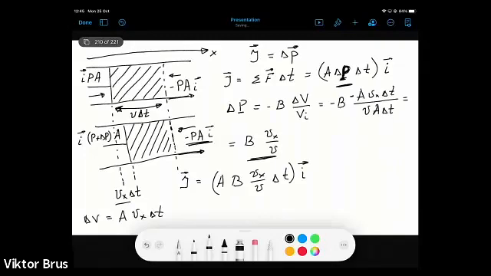Now let us consider the right side of this impulse-momentum equation. Delta small p, which is the change in momentum, will be m times delta V, where m is the mass of the gas which we consider, times the change of its speed.